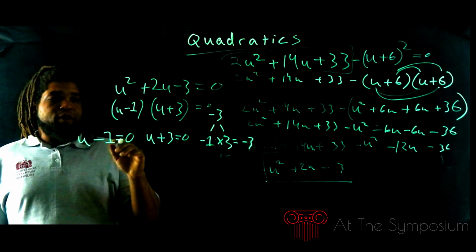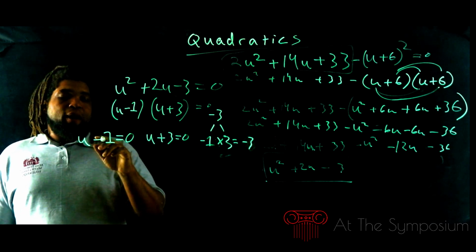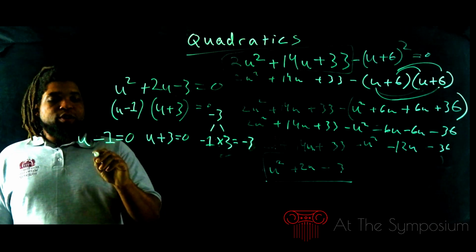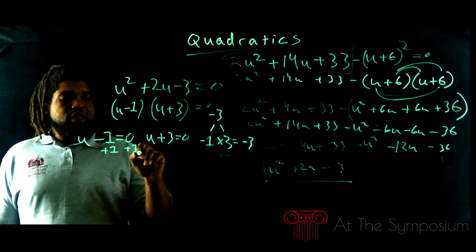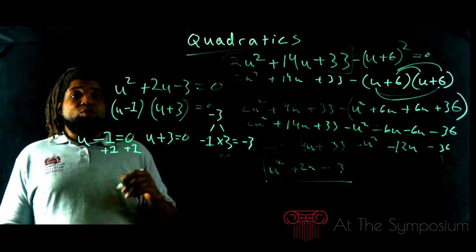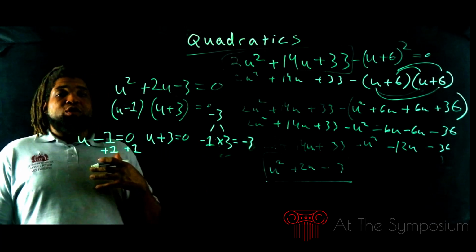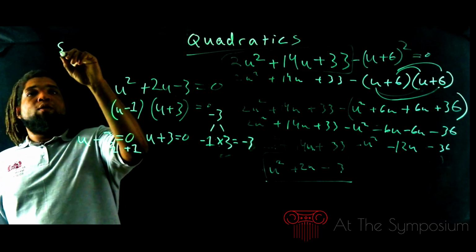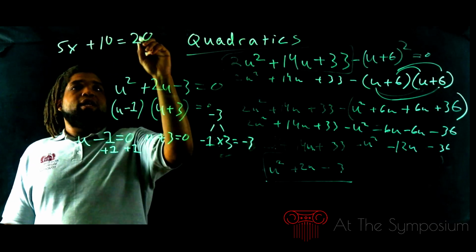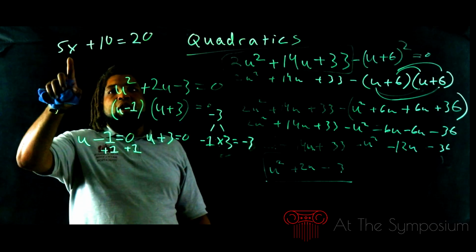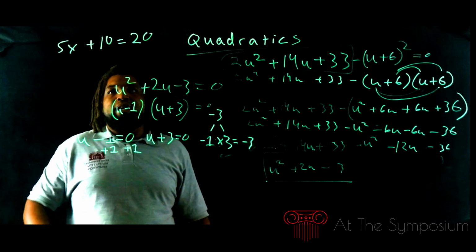For the first answer, we have u minus 1 equals 0. How do we solve that? We add positive 1 on both sides to find the value of u, because we're still doing equations. We're still trying to find the value of u, just like if we had an equation of 5x plus 10 equals 20 and were trying to find the value of x.